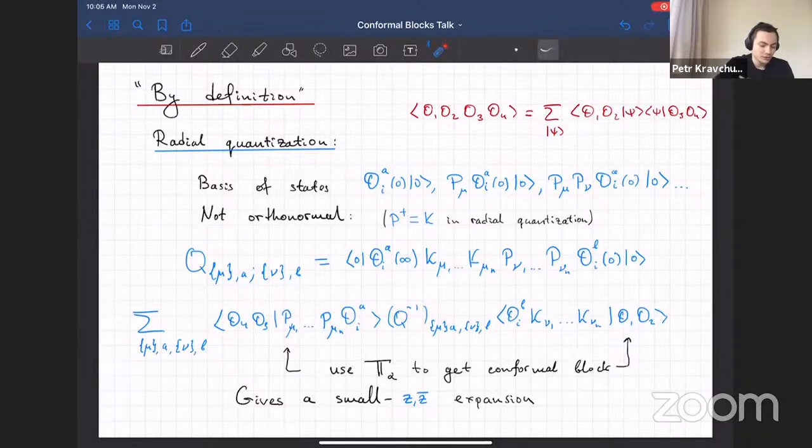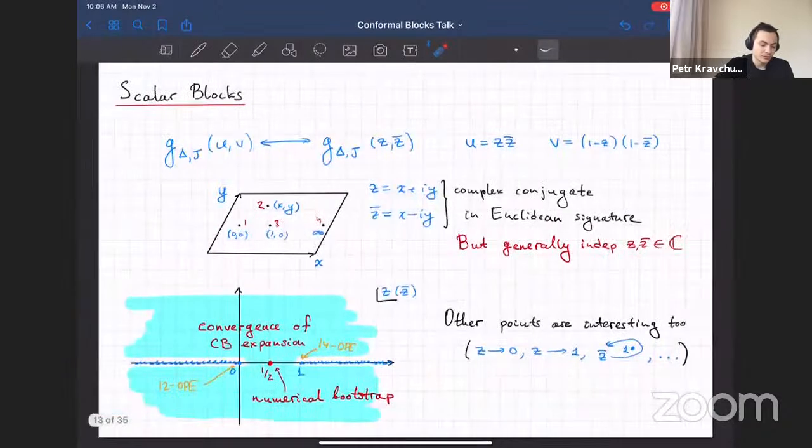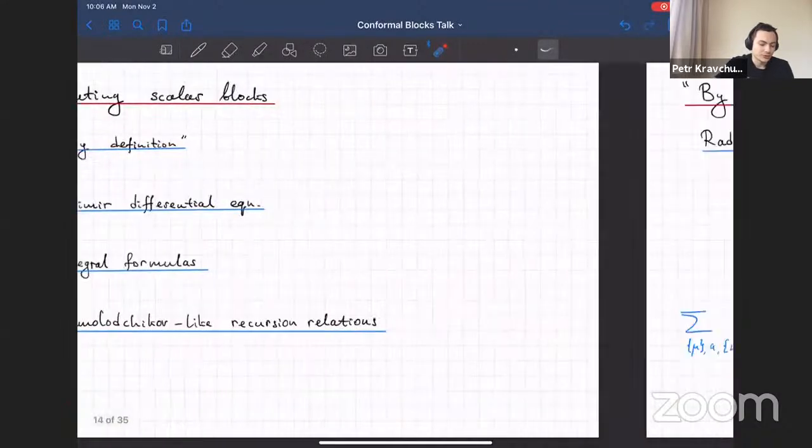So plugging in conformal invariant 3-point structures, we can take their derivatives and compute this value, and this way we get some expansion for the conformal block. In terms of the z and z bar variables that we discussed earlier, it's an expansion near this point, valid for small z and z bar.